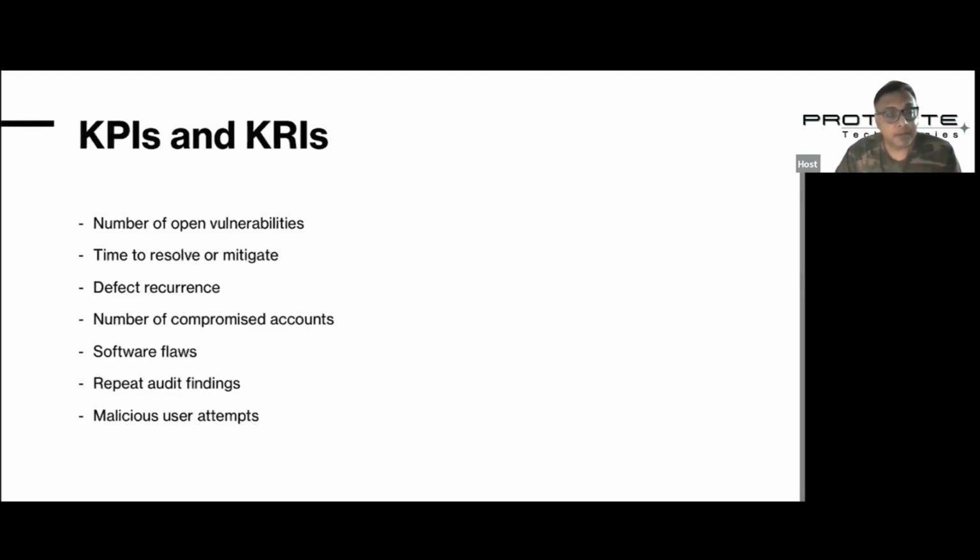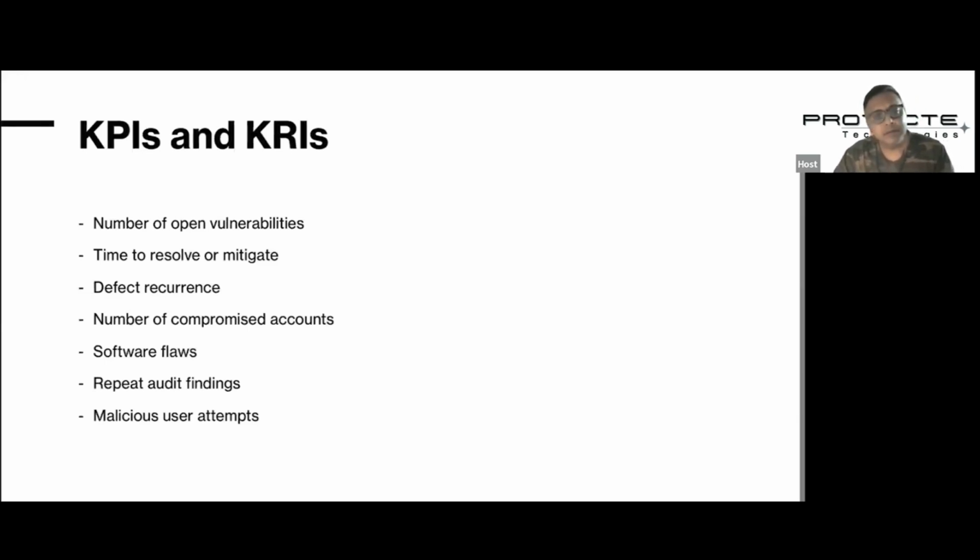And finally, a small organization may not need KPIs and KRIs, but a large organization, since the number of vulnerabilities and risks are very high, you need to have certain numerical ability to define your performance and risk. And that is done by something called KPIs and KRIs.